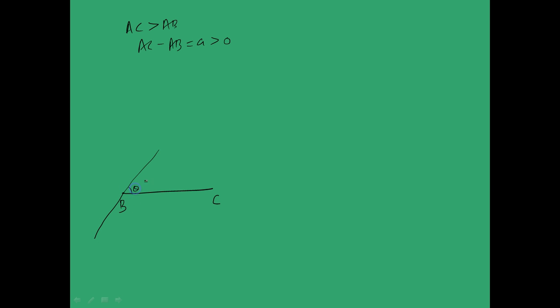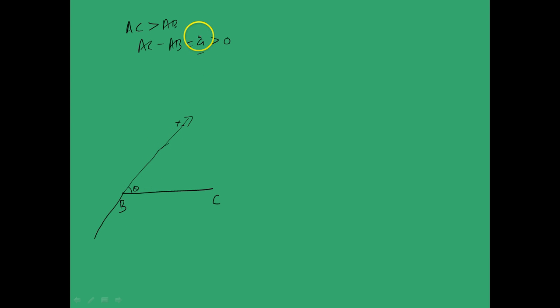So this is equal to theta, and we extended it backwards. Let's name this ray X. Now what we need to do is, instead of taking the arc which has radius a and cutting on this side, cut on this side.